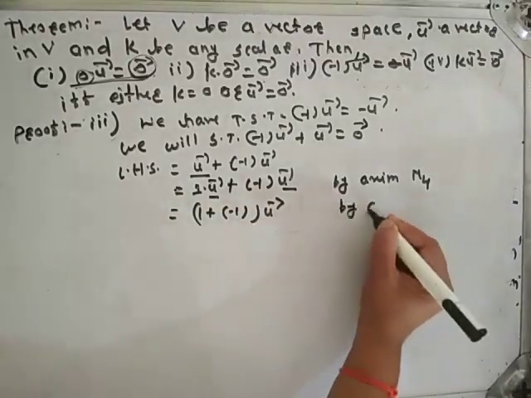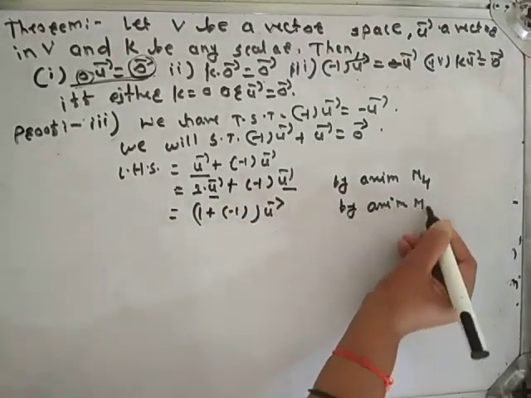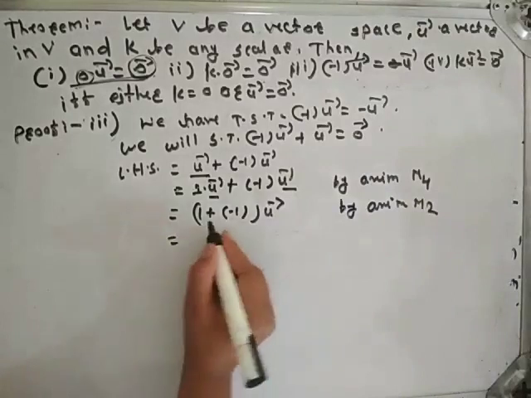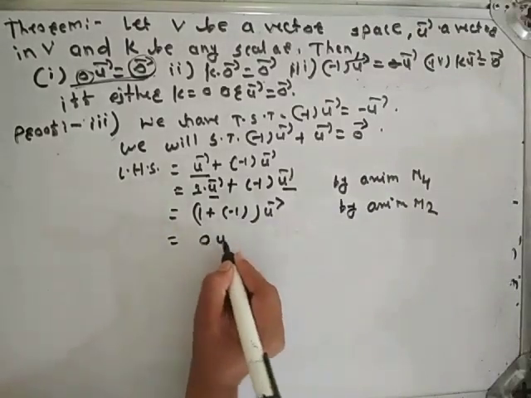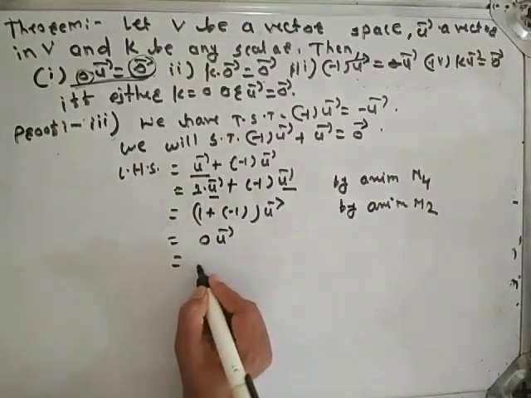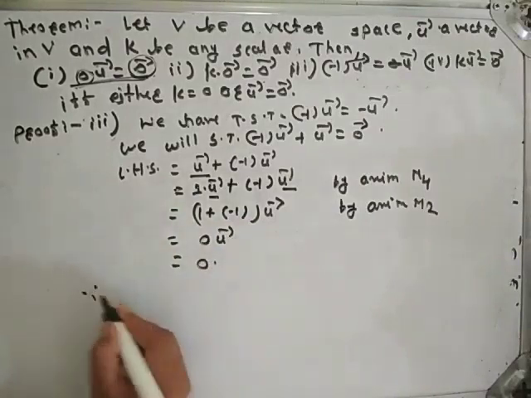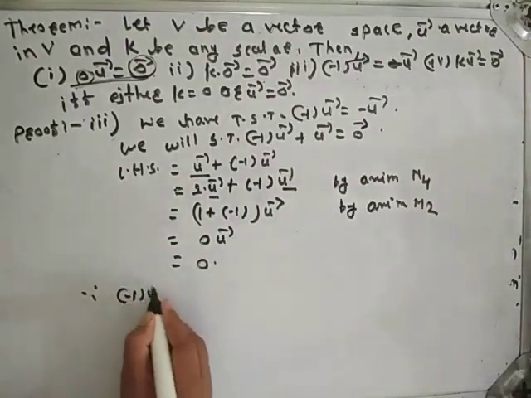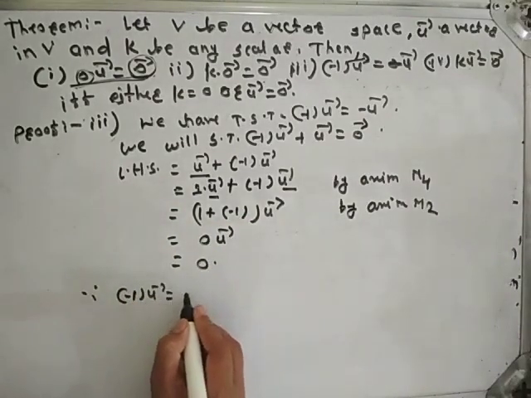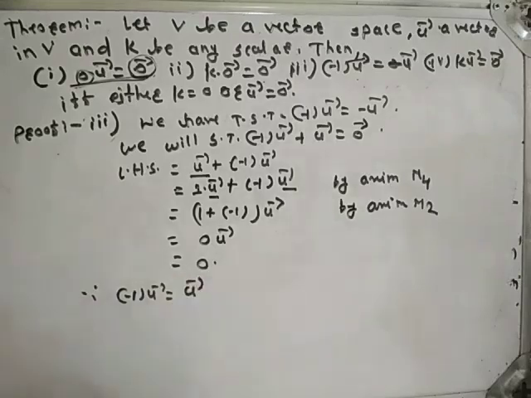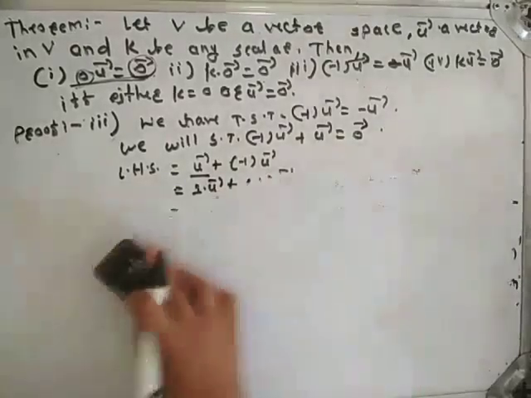This is by axiom M2. Which is equal to 1 minus 1 is 0 into u bar. This is equal to 0 bar. So we will get minus 1 into u bar is equal to minus u bar. Hence we have proved what we wanted to prove.